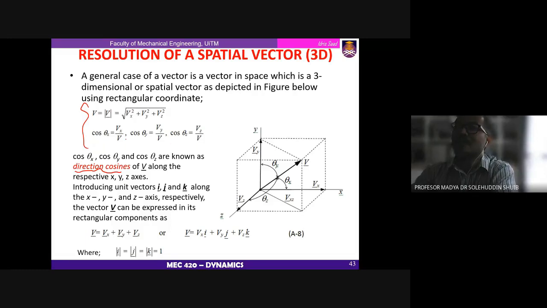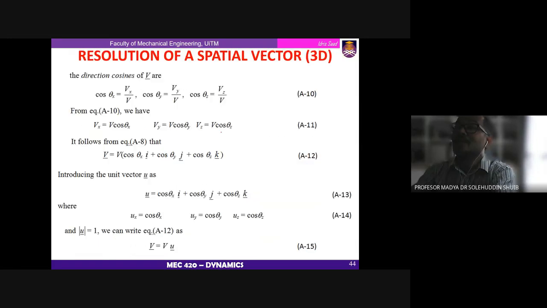So cos theta y, cos theta x, and cos theta z, you must divide by V, which is the magnitude of V, and from there you can get the direction cosine for x, y, and z. And then this is how to relate with the unit vector. This is the direction cosine.